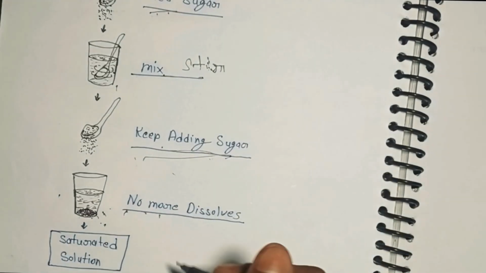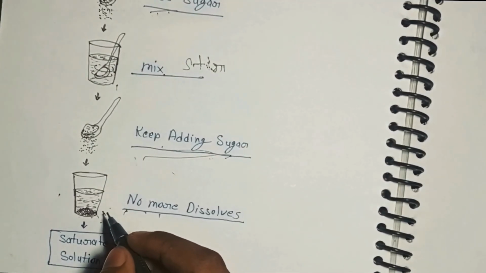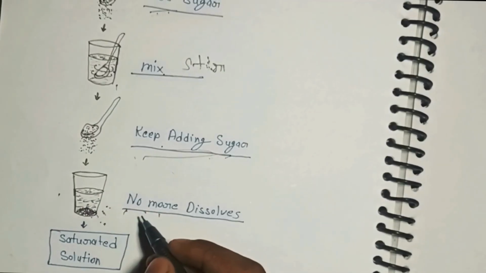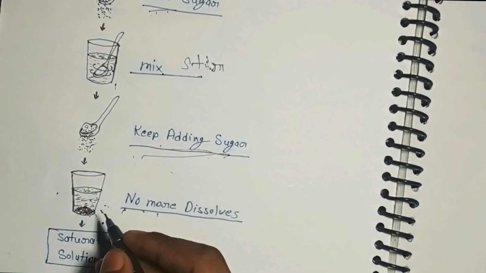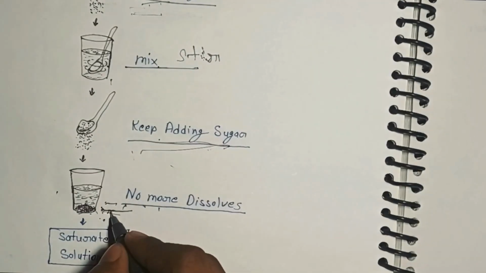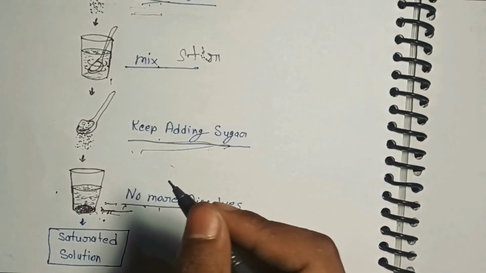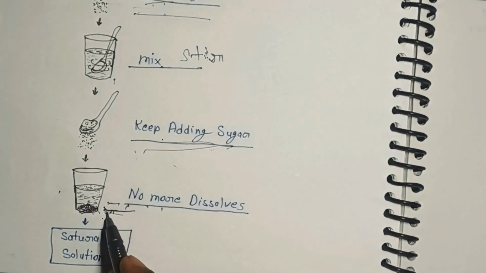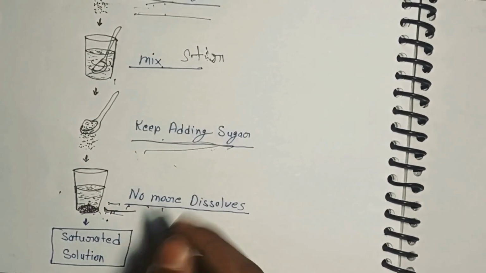After some time we reach a point where the water cannot dissolve any more sugar and the extra sugar remains at the bottom. This point is called the solubility limit, and in other words, the maximum amount of solute that can dissolve at a fixed temperature is called solubility.